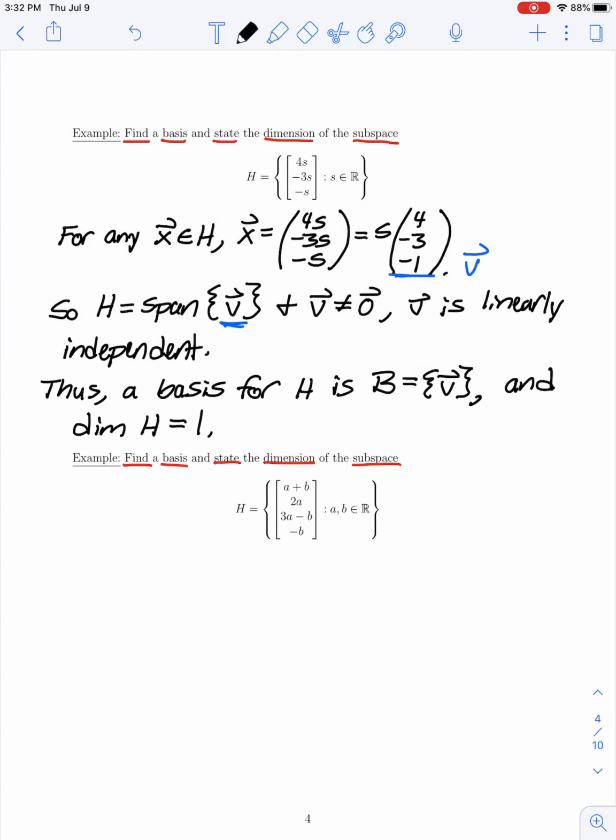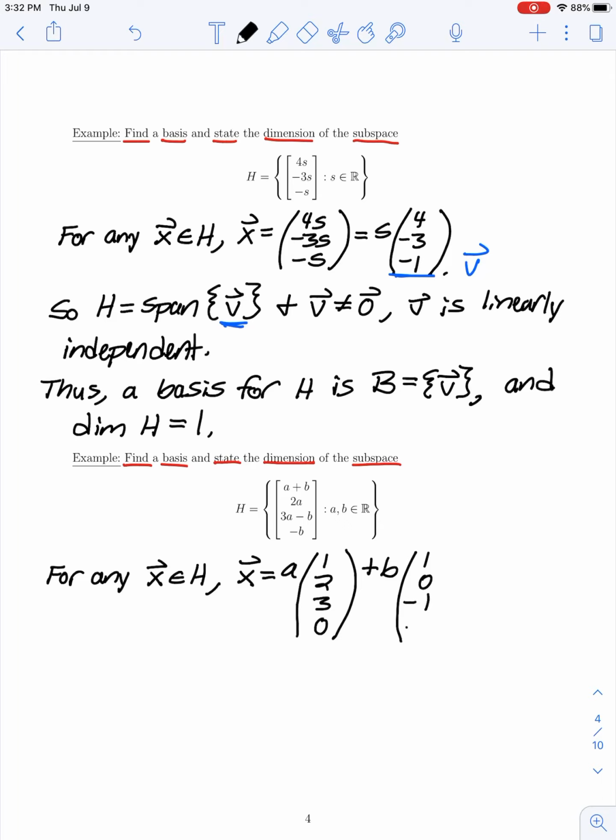So, as with our last example, we can say for any vector x in this subspace H, x has the form shown here, and we can decompose this into a linear combination of vectors with weights a and b. So we could take this as a times 1, 2, 3, 0, plus b times 1, 0, negative 1, negative 1.